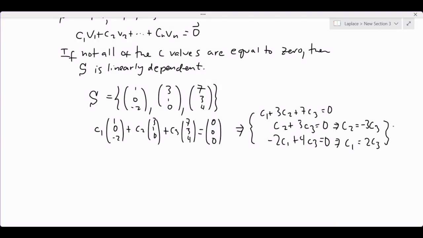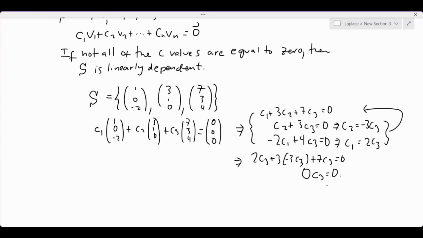If we use these two equations in the first, we get 2C3 plus 3 times minus 3C3 plus 7C3 equal to 0. Simplifying the left-hand side, we get 0 times C3 is equal to 0.